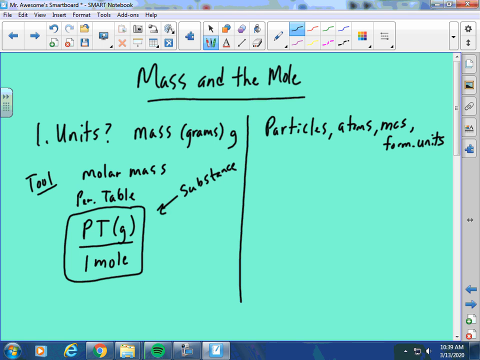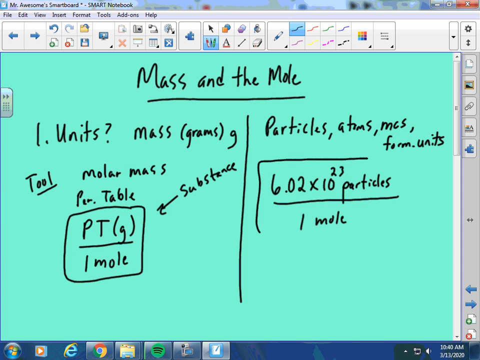For this type of problem that involves particles, atoms, molecules, formula units, whatever, we don't have to look at the periodic table. We just use 6.02 times 10 to the 23rd particles, atoms, molecules, formula units, whatever it is, per 1 mole. And that's our tool for solving those problems.